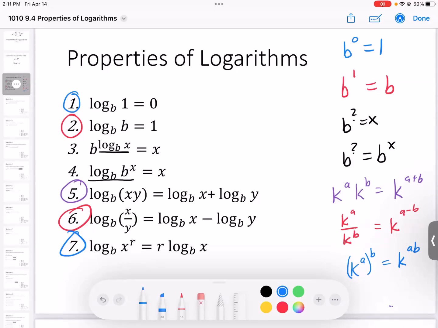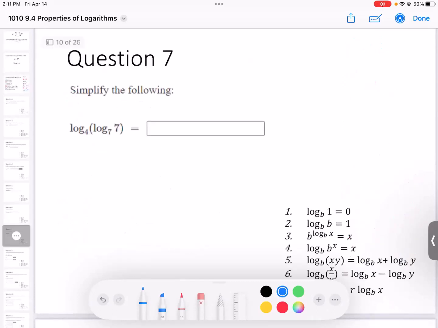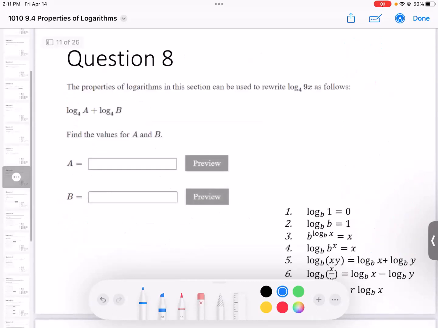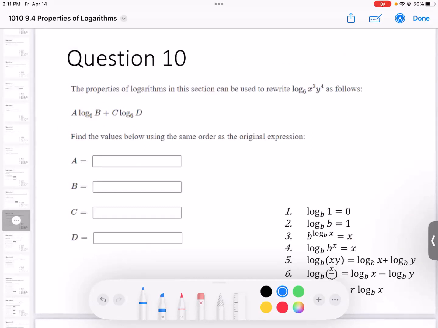Okay, so let's talk about how we can use these logarithm properties to simplify logarithmic expressions. And let's maybe do one of the harder ones. Okay, so on this one, we're given the expression log base 6 of x cubed y to the 4th.